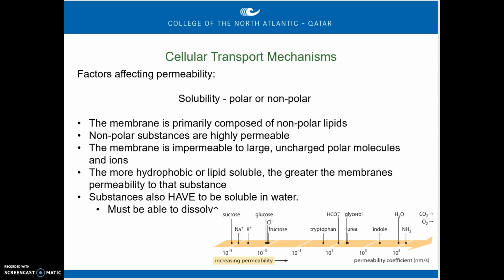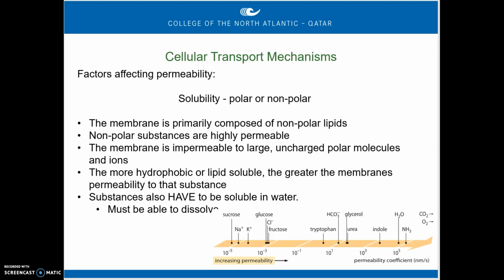And like I said, I don't want you to remember the big details. What I do want you to remember is that in order to move across the cell membrane, these substances have to dissolve. They either have to dissolve in water or they have to be able to dissolve in lipids. So when we're talking about solubility and permeability, a substance can only move across the membrane if it's soluble in water, so it can dissolve, or soluble in lipids, so it can pass through the lipid membrane.